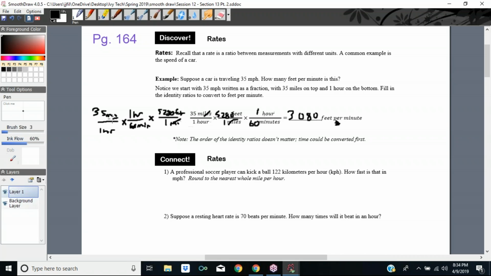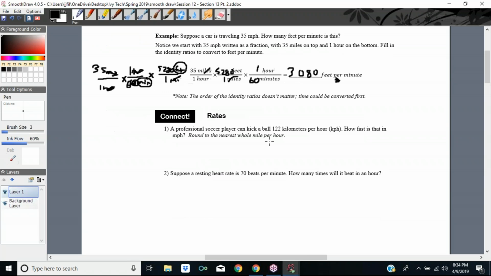See how the miles cancel out still, the hours cancel out, and we're left with feet over minutes. So we get the same result. The order of the conversions doesn't matter. It's where the numbers and the units are placed that makes all the difference.